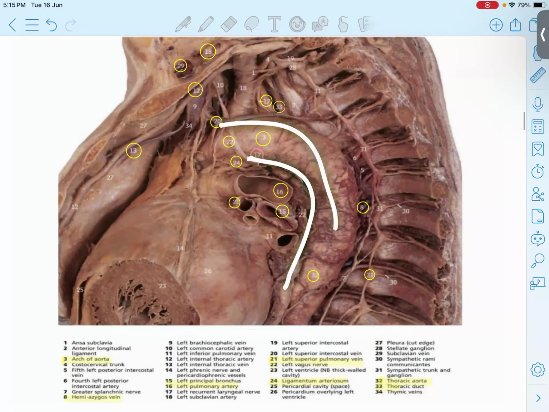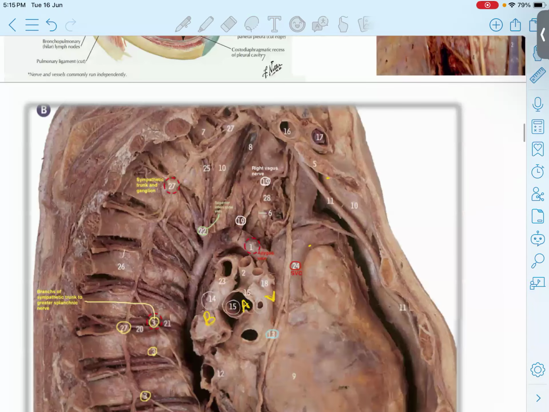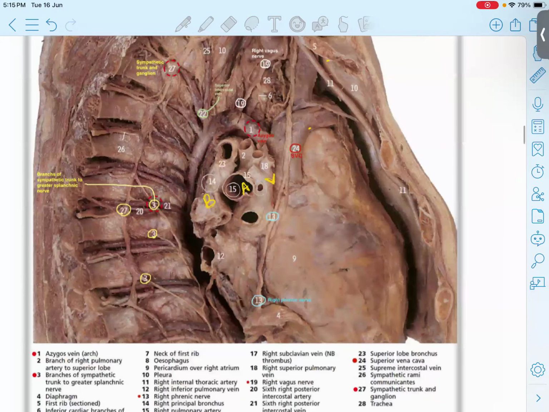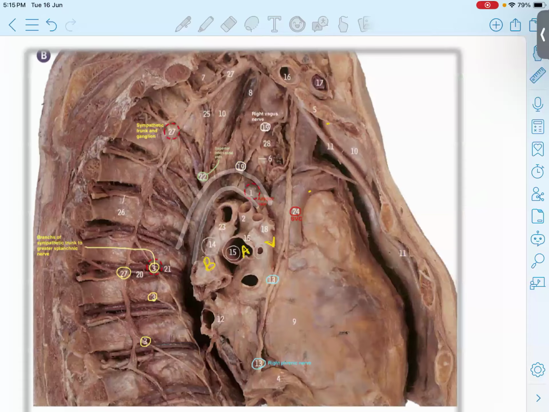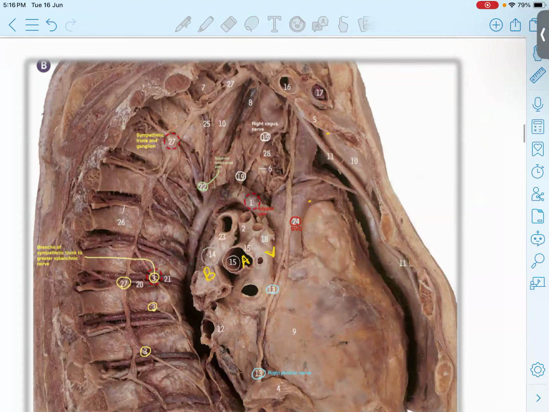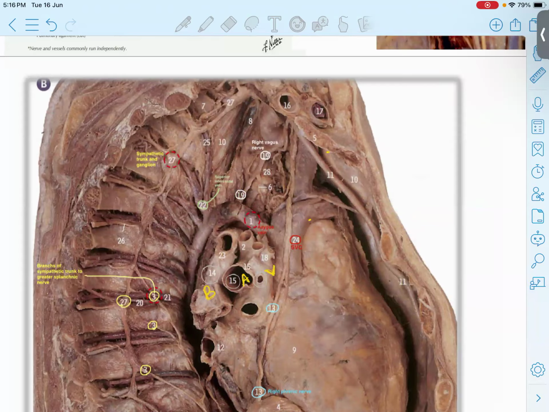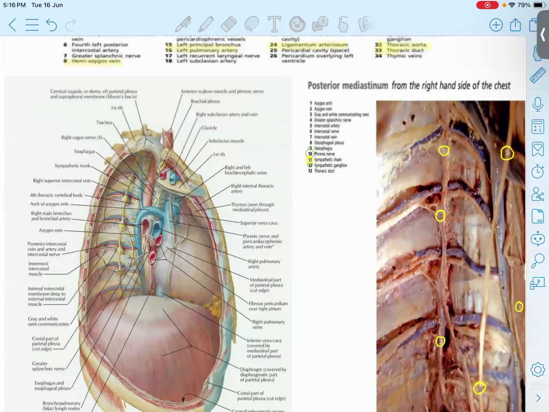And I will show you another image. These 2 images are very important from thorax, posterior mediastinum. This azygos vein, the tip is here, everything will be right-sided, because azygos vein is right-sided. Just observe whether it is azygos vein, or whether it is aorta or descending aorta.